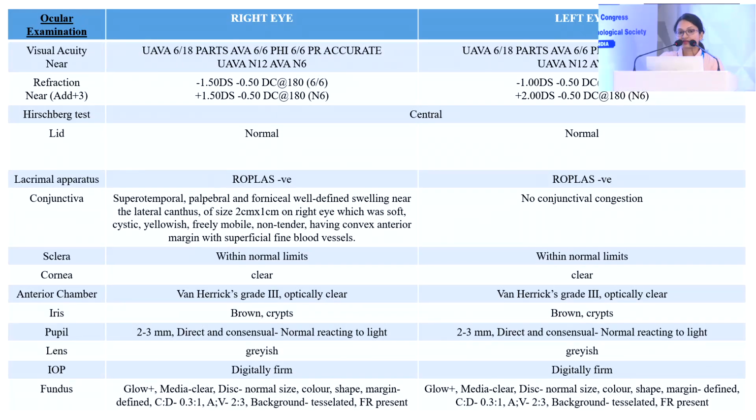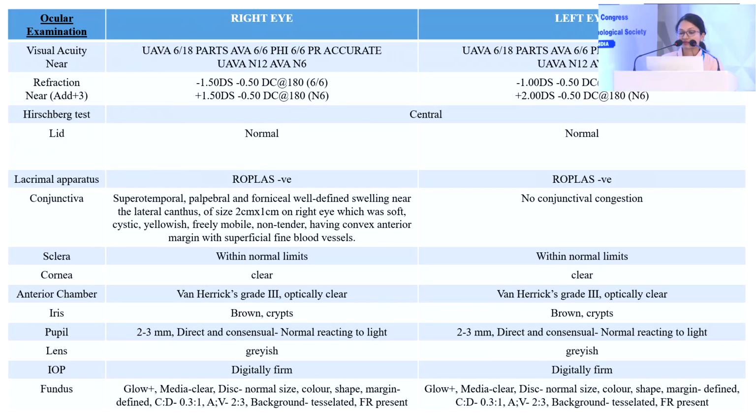The visual acuity was 6/18 improving to 6/6, and the projection of rays was accurate in all the 4 quadrants. The refraction is provided. Only the conjunctiva showed a superotemporal palpable and fornicial well-defined swelling near the lateral canthus of size 2 centimeters by 1 centimeter in the right eye, which was cystic, soft, freely mobile, non-tender, and had superficial fine blood vessels.